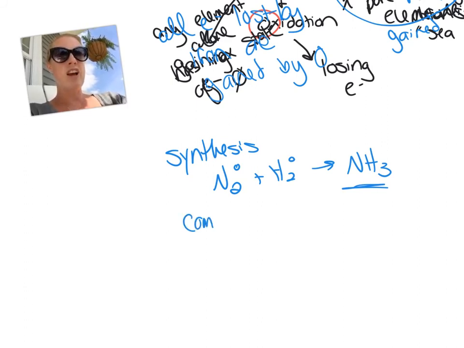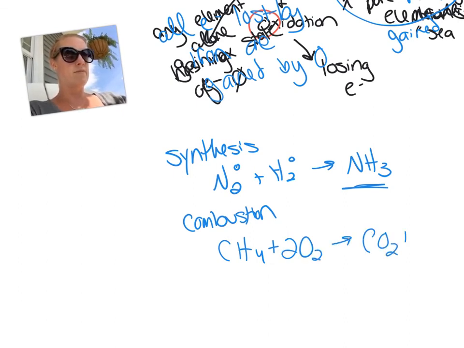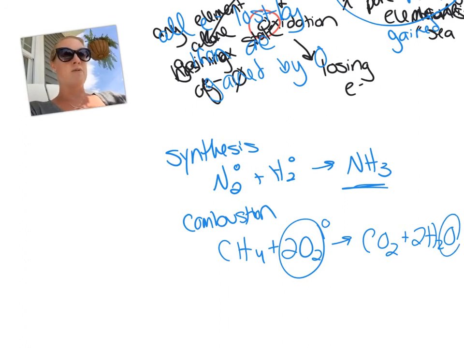Additionally, combustion reactions, like CH4 plus 2O2 turns into CO2 plus 2H2O. In this case, here's your oxygen, and it's got an oxidation state of 0, and over here it's -2. So actually, it's the carbon that loses the electrons.